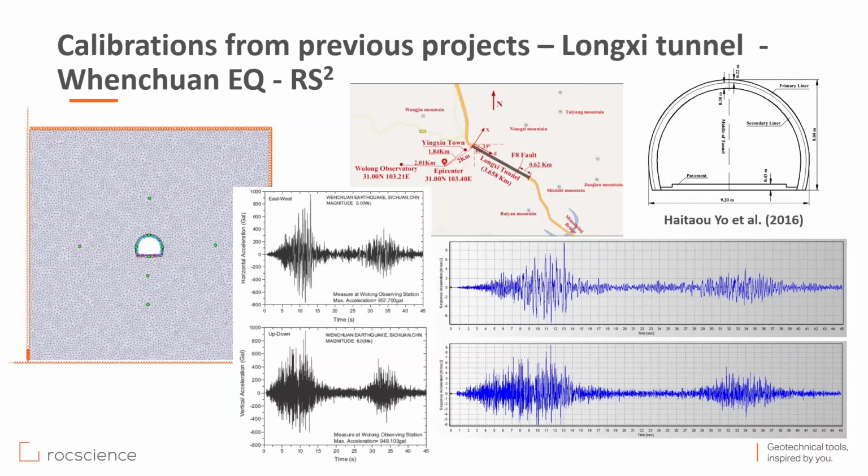The Longxi Tunnel was one of the most damaged tunnels during the Wenchuan earthquake. It suffered from small to heavy damage both at the portal and inside the tunnel, while sections close to the fault completely collapsed. This is important. The damage along the tunnel lining, according to the field investigation, is described in detail in the article, so I will not discuss it more.